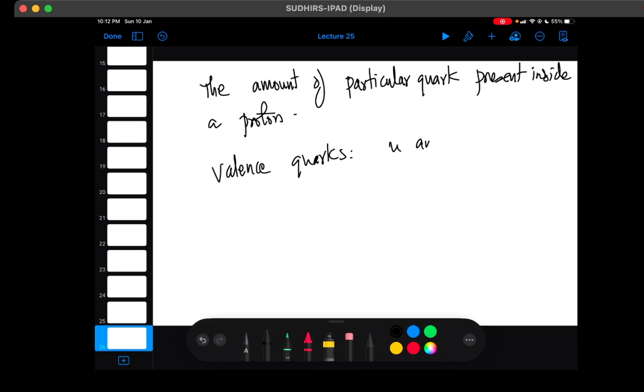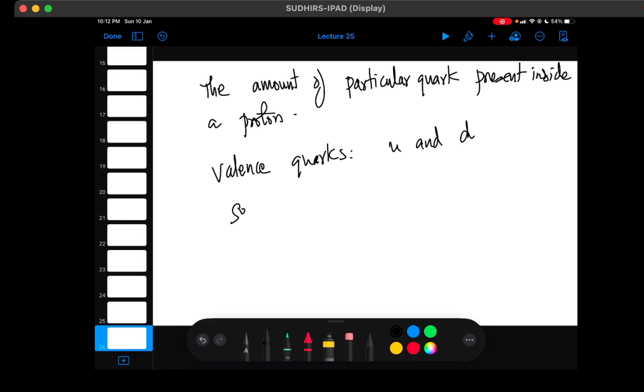But there could be other quarks also, because we have seen that QCD is made up of strongly coupled gluons, and these gluons can produce quark antiquark pairs.